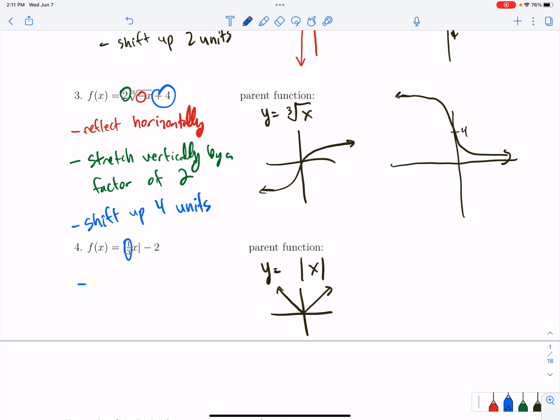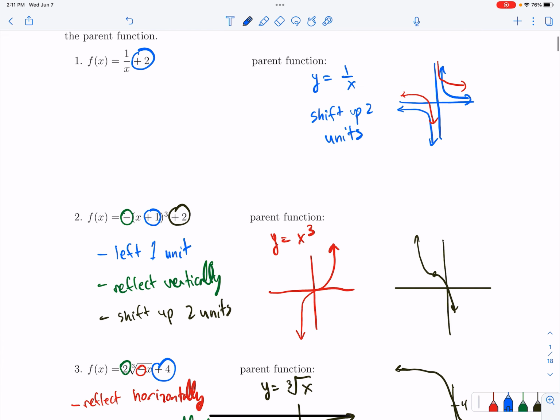So how do I want to write that? Well, I'm remembering how we do this. The horizontal factor, what happens is it's the opposite of what we'd intuitively think. So just like we saw up here when I did x plus 1, that was a shift of left 1 unit.